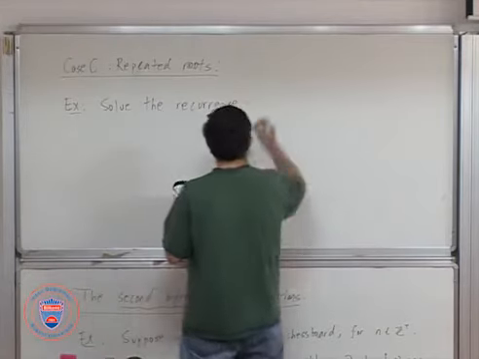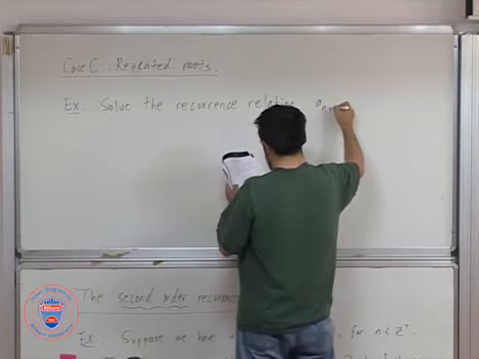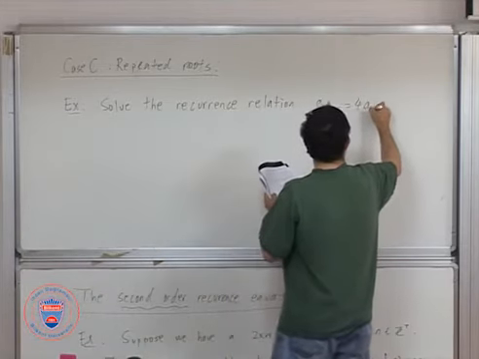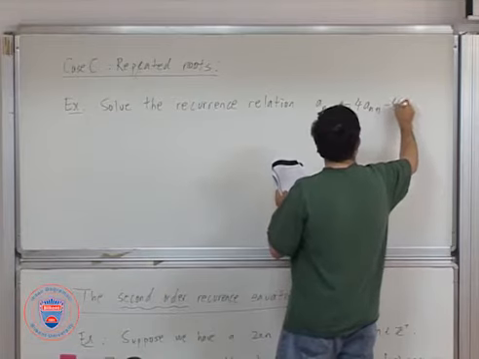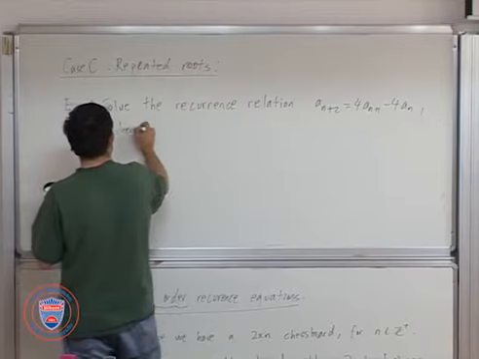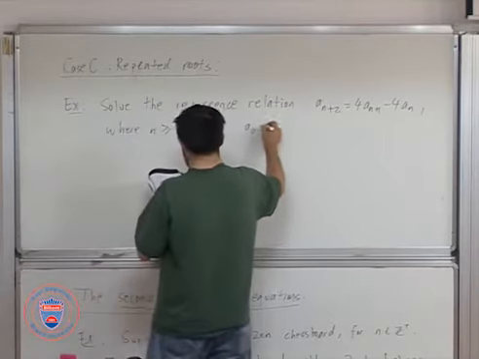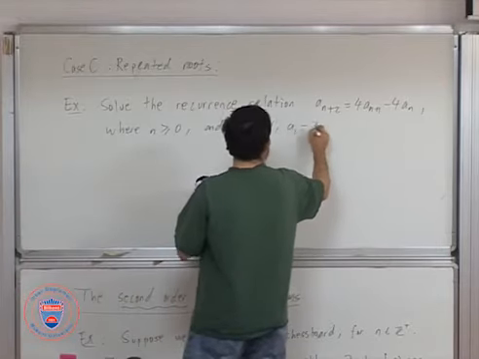Solve the recurrence relation a n plus 2 equals 4 a n plus 1 minus 4 a n, where n is bigger or equal to 0, and a0 is 1, a1 is 3.